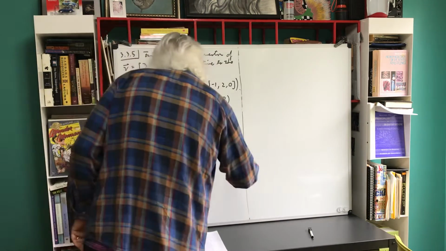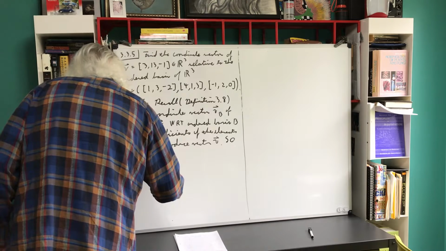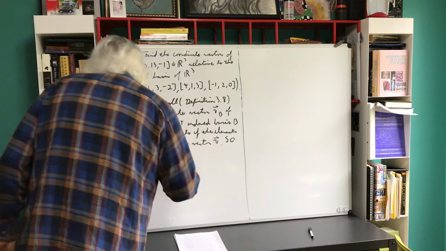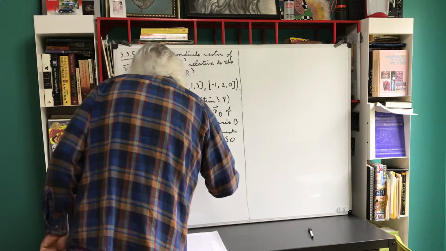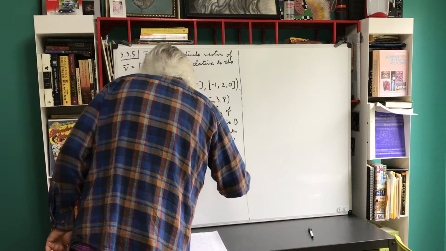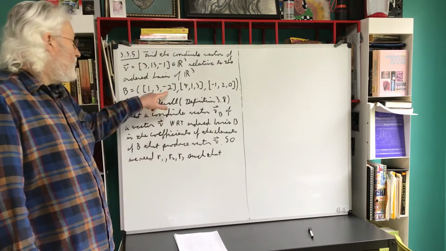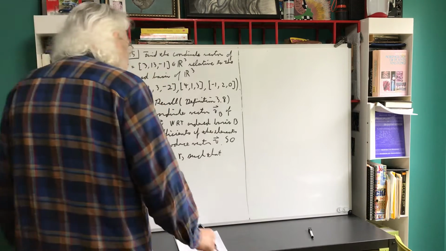So we need to find coefficients. How many coefficients? 3 basis vectors. So we need R1, R2, R3, 3 coefficients, such that when we take a linear combination with these coefficients of the basis vectors, we get vector v out.